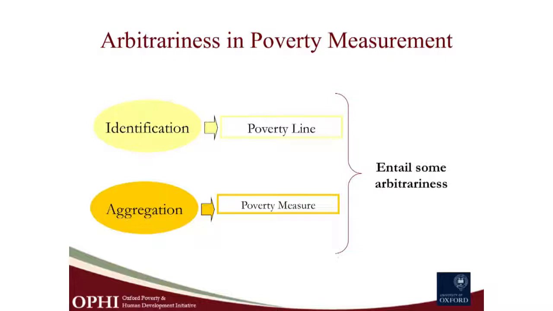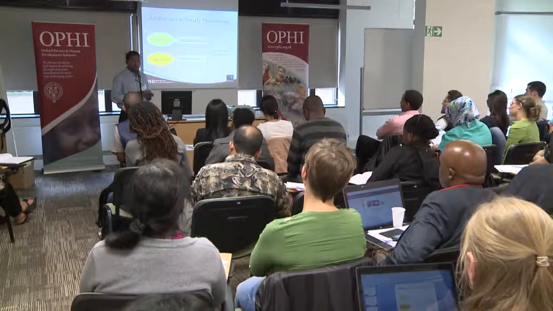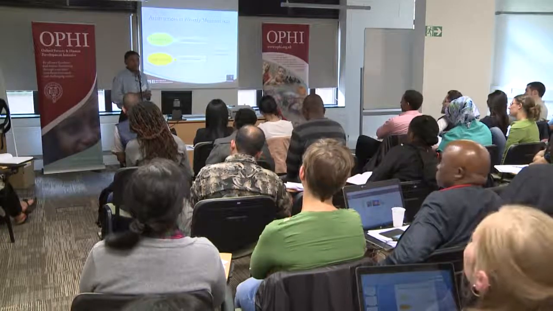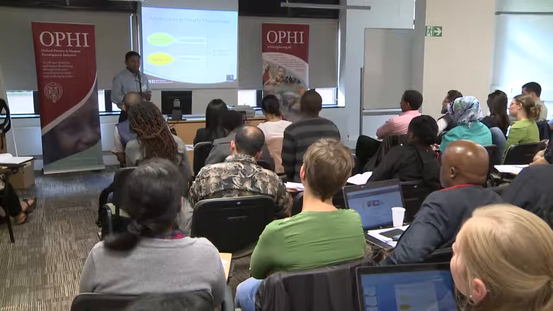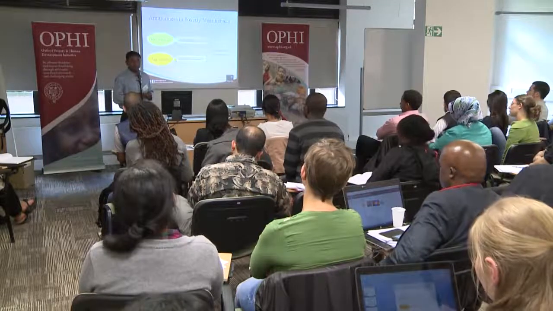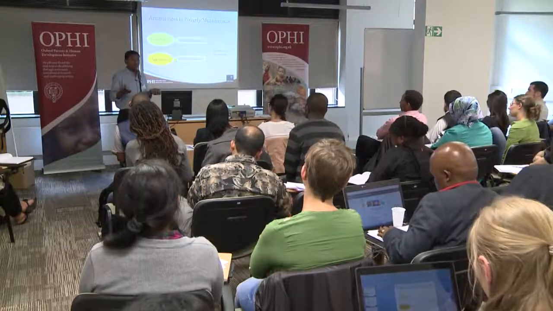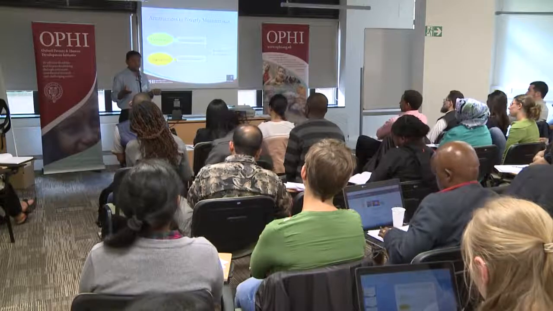Which one to choose? That arbitrariness is always there. Whenever you have parameters, you have such arbitrariness, because parameters require normative judgment, normative decisions. What to do in this kind of situation? These situations will come up even when we are doing multidimensional analysis.